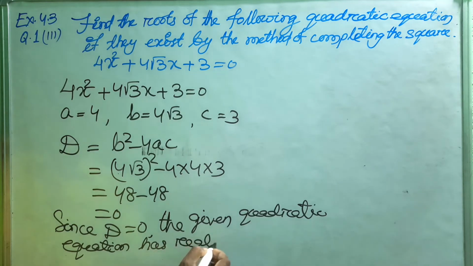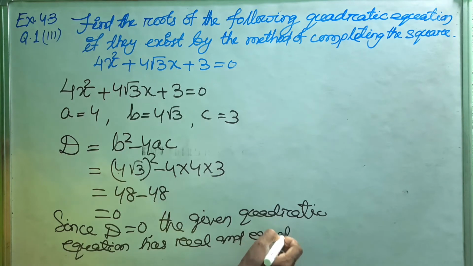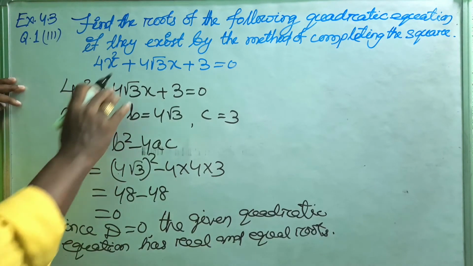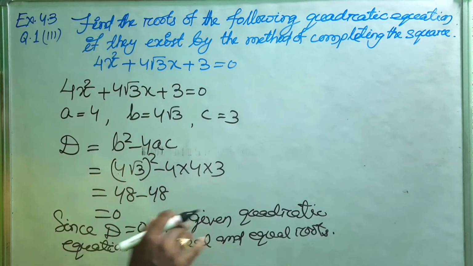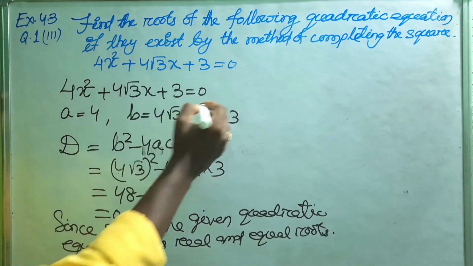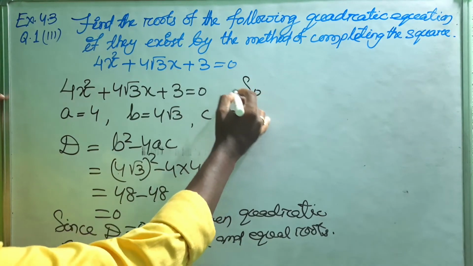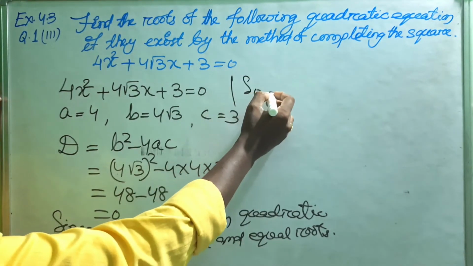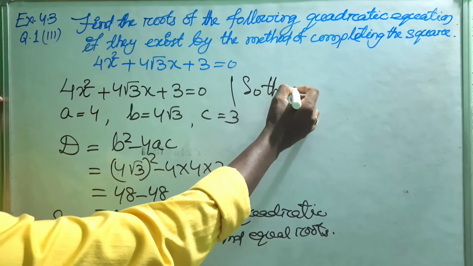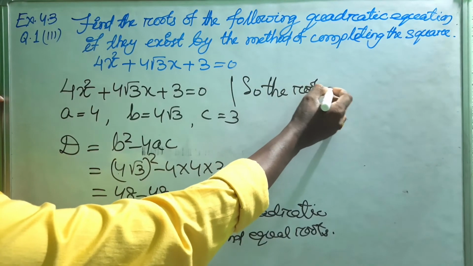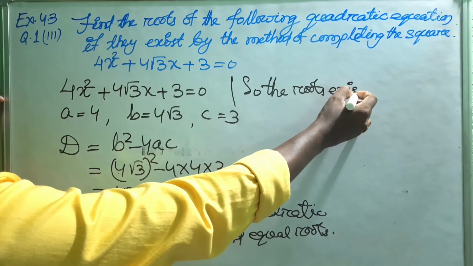Real and equal roots. That means the root exists in these cases. Okay, so you write down the root exists. So I am writing here, there is no space. So the roots exist.